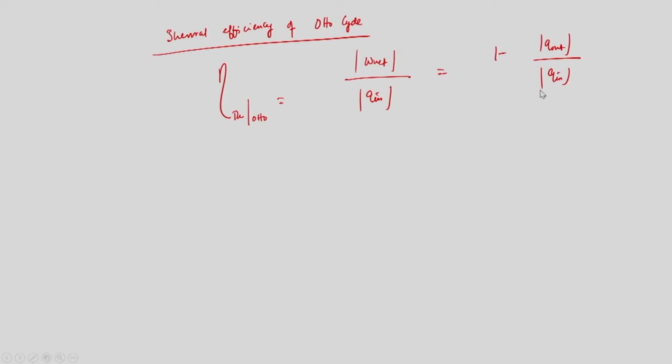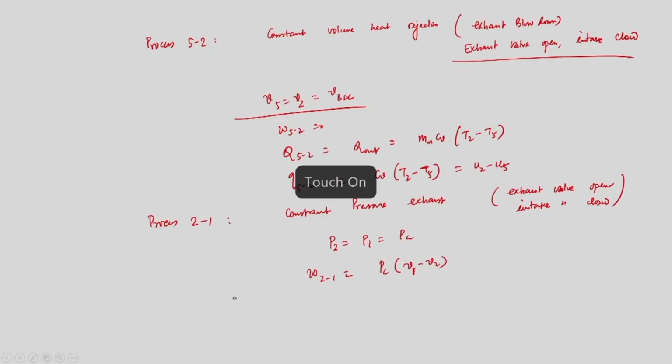This is important. So, what is Q out? From that we have calculated Q out is Q5 to 2, that is equal to Cv into T2 minus T5, right.